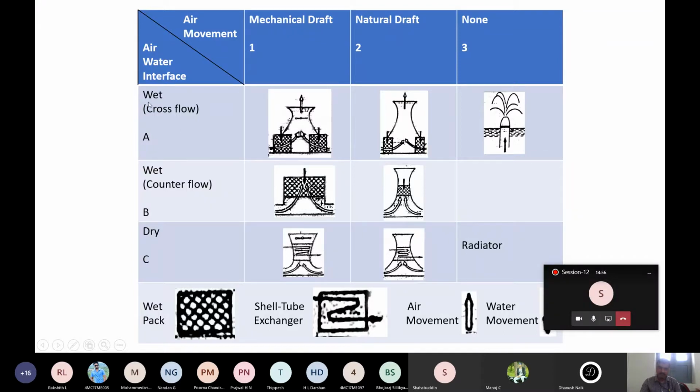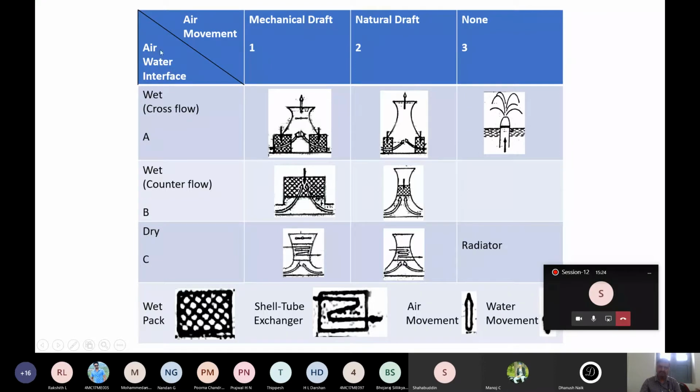Next, it is wet. We are considering the air-water interface. That means we are designing a system such that heat in the water is absorbed by air. Since heat transfer takes place from water to air, the temperature of water will be reduced and it will be cooled.